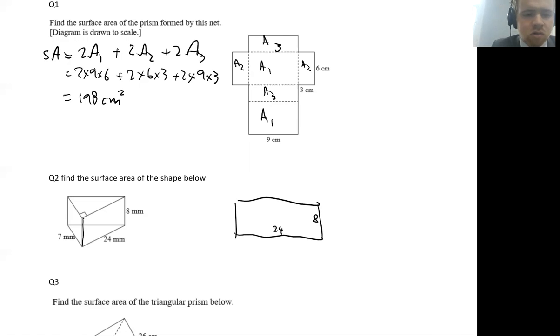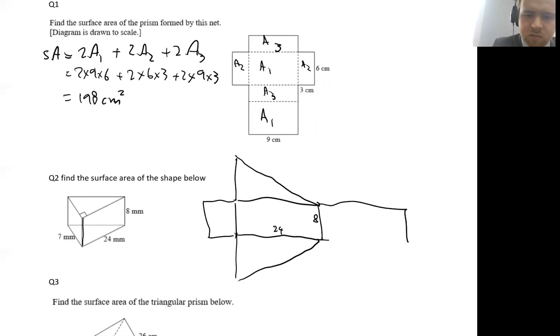And then I want to draw all the faces that are attached to that face as well. So we're going to have our 2 triangles like this, attached to either side. We're going to have our side one here, and we're also going to have the other sort of longer rectangle one here.